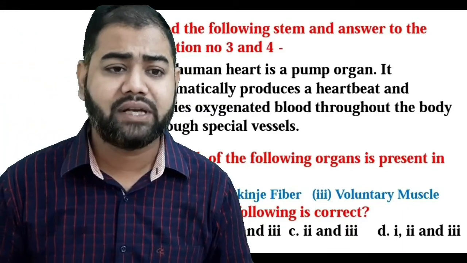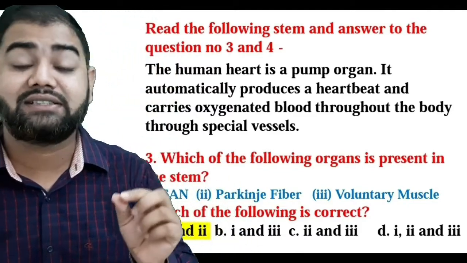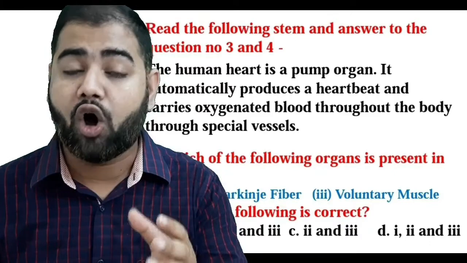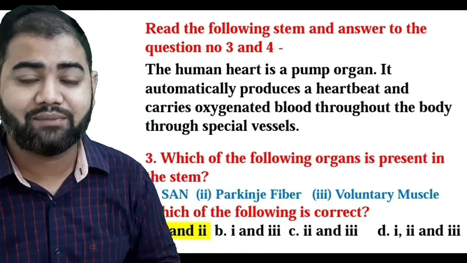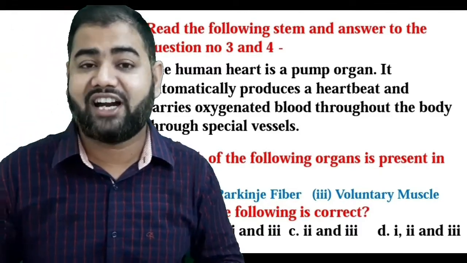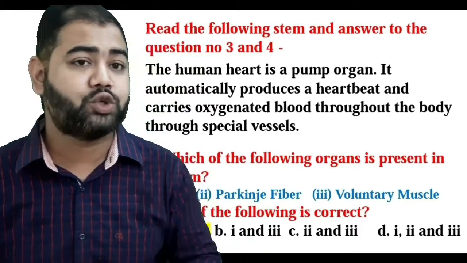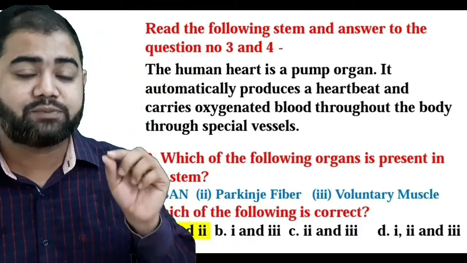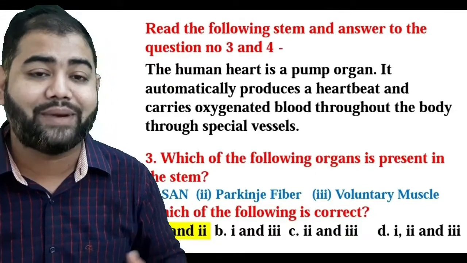Because option 1, SAN, that means sinoatrial node or pacemaker, is located in the wall of the right atrium, and this organ can create the heartbeat automatically by an electrical signal. Option 2, Purkinje fibers, are specialized fibers spread along the ventricle.